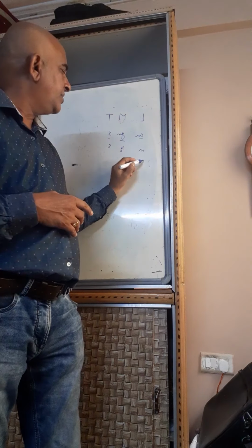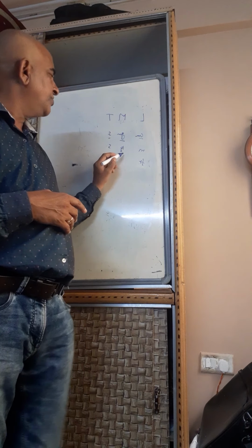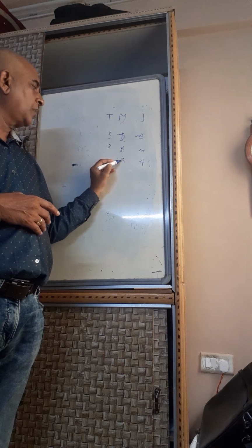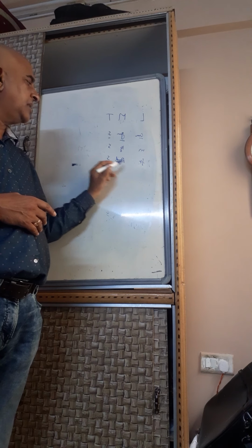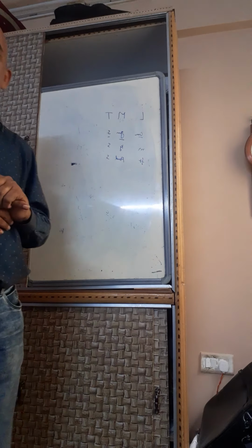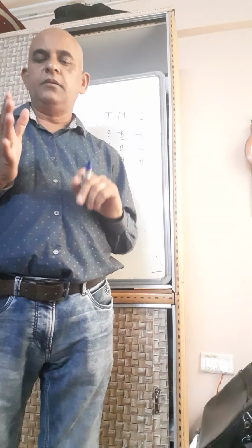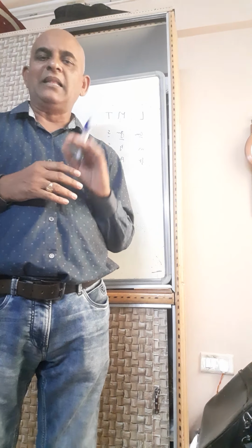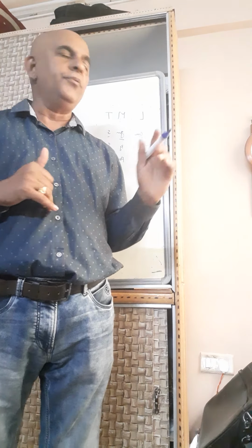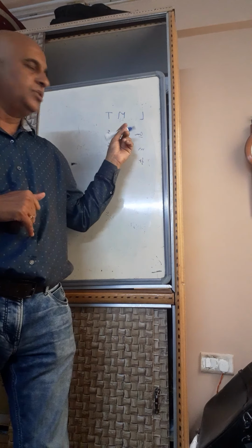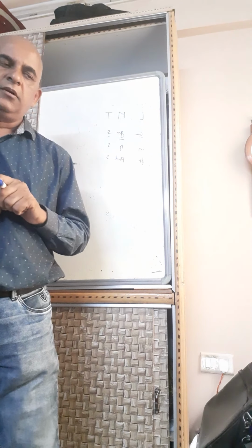If length is measured in foot, mass in pound, and time in seconds, that is called the FPS system. So we had three systems to measure the units earlier, because there are three fundamental quantities: length, mass, time.